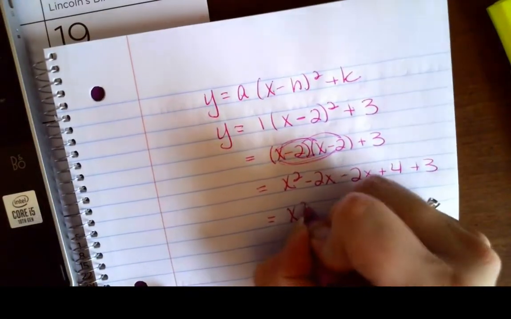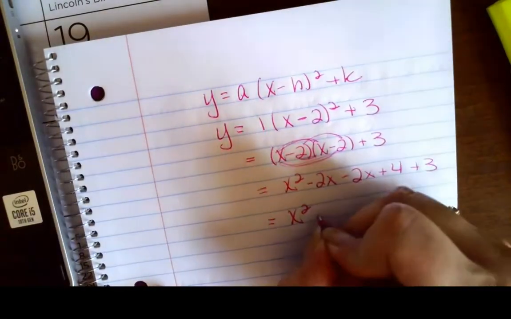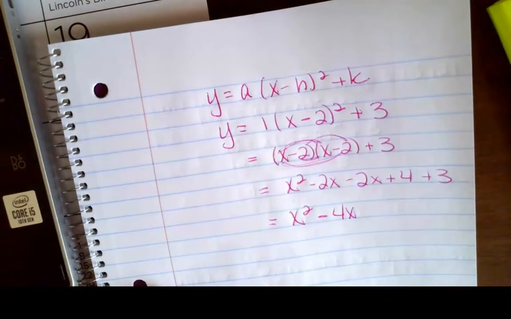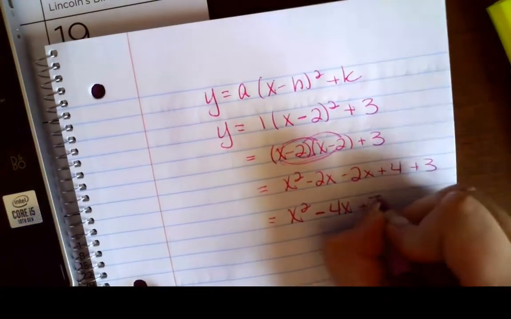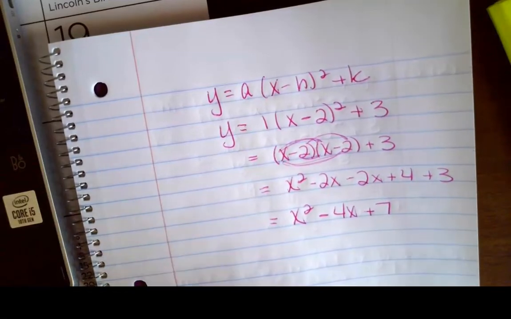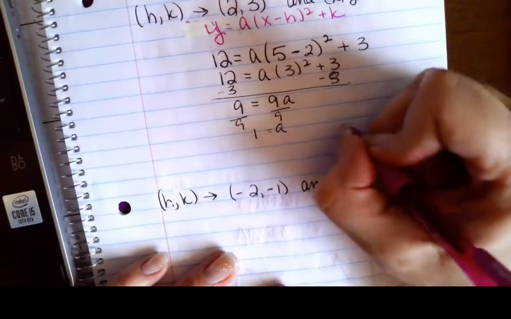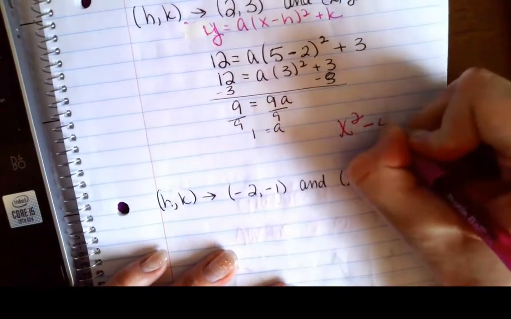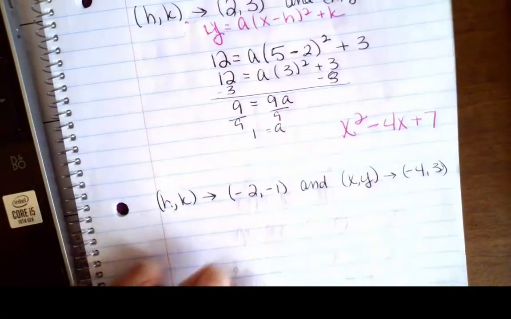So my final answer in general form is x squared minus 4x plus 7.